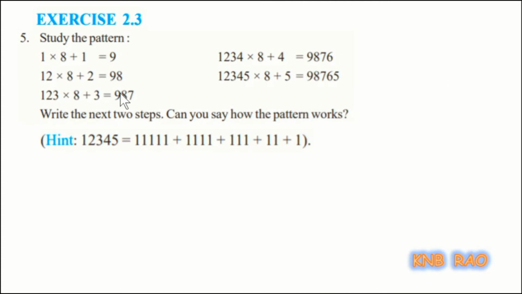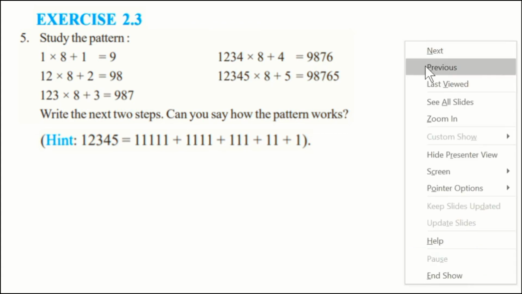See children, here this 1234 or 12,345, it's a result of the sum of this pattern of numbers. Whereas here you could observe it is 11,111, 1,111, 111, 11 and 1. When their sum is added, it gives 12,345.